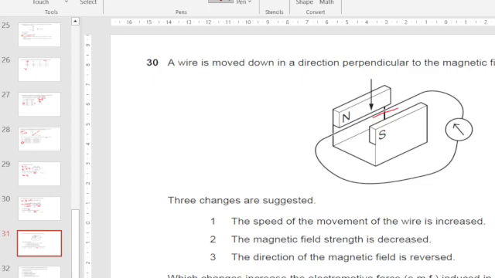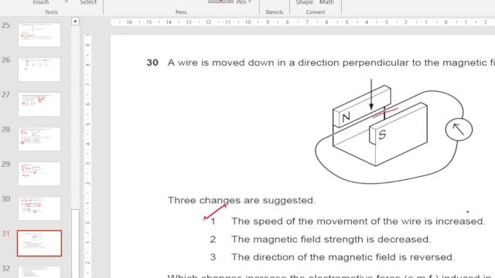The EMF will be increased by increasing the speed of movement of the wire. When there is a relative motion between a coil and a magnet, EMF is induced. This phenomenon is called electromagnetic induction. So for EMF to be induced, we need to increase the speed of movement when there is a relative motion. If there is no relative motion, nothing will happen. If the speed is higher, yes, EMF will be large.